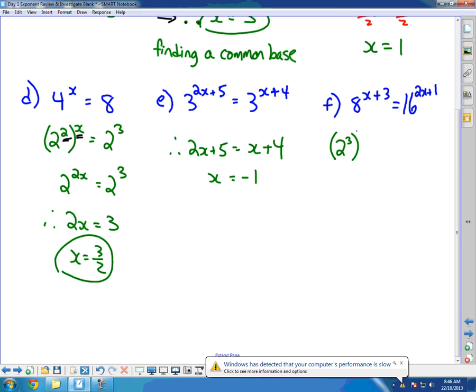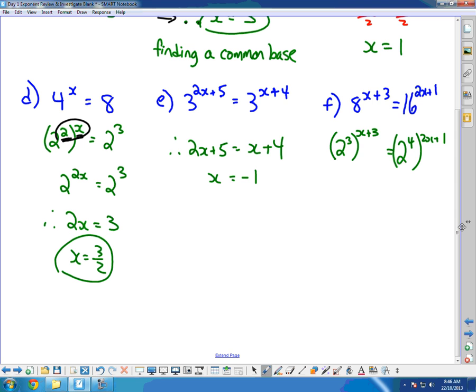So I'm just going to change that, and I'll deal with the exponent in a moment. And 16 is 2 to the power of 4. And I'll deal with the exponent in a second. So just like in our question back here, we have one base, but we had 2 exponents, so we multiplied those exponents. Same idea here. We've got one base, but 2 exponents, so we're going to multiply them.